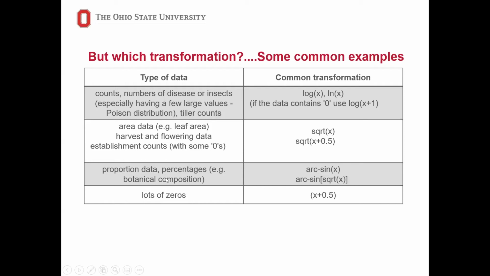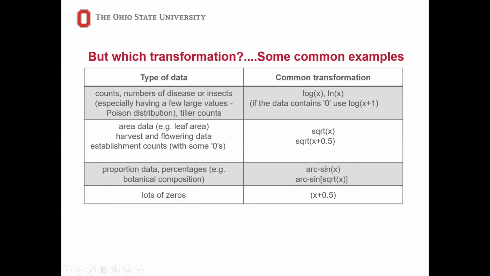If we're reporting the percentage of white clover in a pasture mixture, we often will find arc sine x or arc sine square root of x are common transformations for these kinds of data. Equally, if we have lots of zeros, we can simply transform by adding 0.05 to avoid having a lot of zero values in our results.